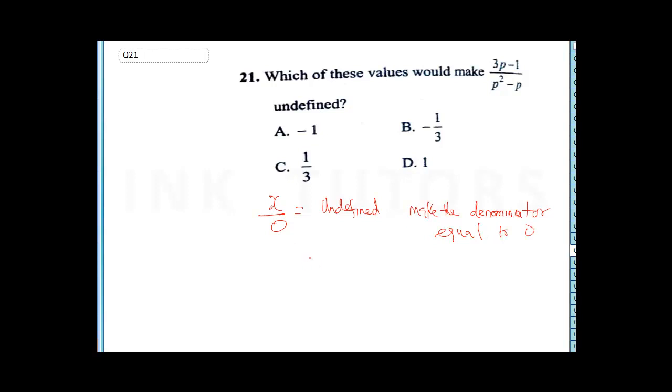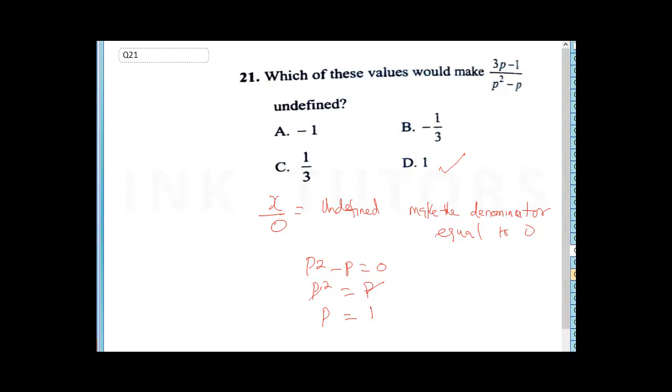So I will just say p squared minus p is equal to 0 for the expression to be undefined. This means p squared is equal to p. So there's p twice here, so p can cancel out. So we have p is equal to 1. So for p equal to 1, the expression is undefined.